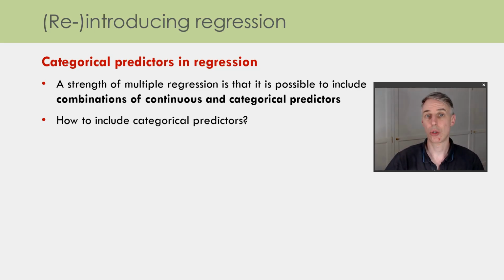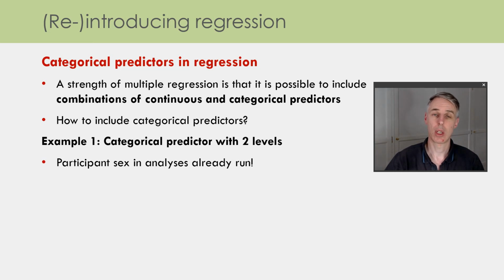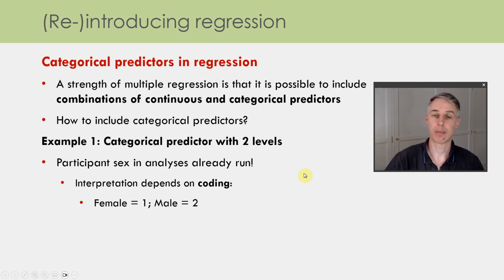So how do we include categorical predictors rather than continuous predictors? Well, one example might be a categorical predictor with two levels, a binary predictor. Well, we've already considered one of those in the analyses that we've run a little bit earlier. Participant sex in the analyses was a binary categorical variable.